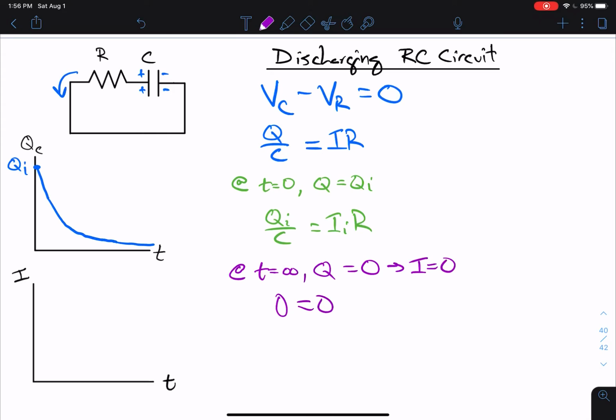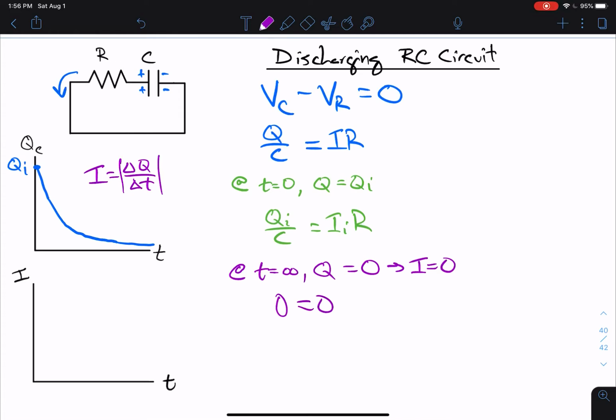So notice that our current starts out high because the charge is high, but then the charge goes to 0, so does the current. And we can also look over here at our graph. Remember that I is delta Q over delta t. Now technically, because I has to always be positive, it's actually the absolute value here.